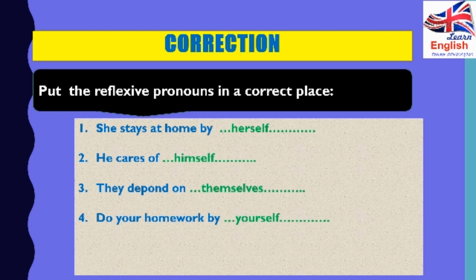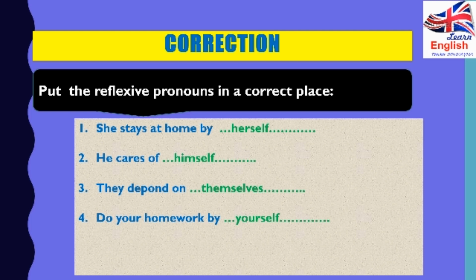Why yourself here? We don't have a subject, but we have to know the subject by the context. Here we have your. Your is a possessive adjective. We saw this lesson too.